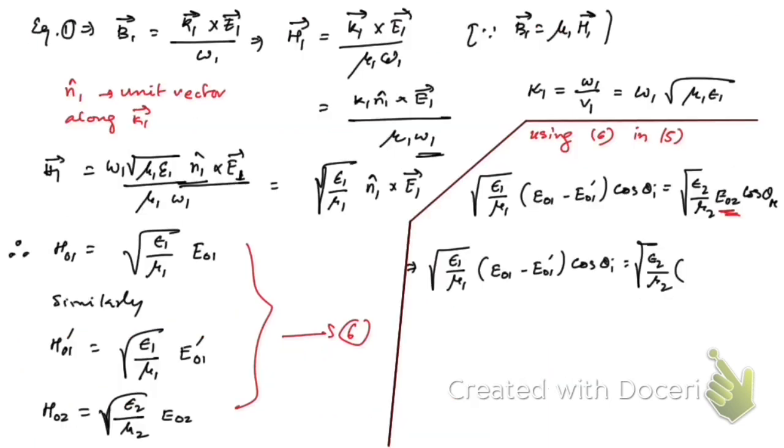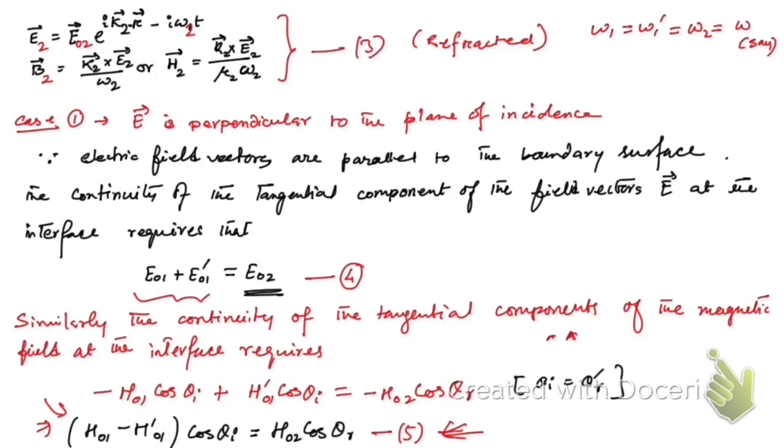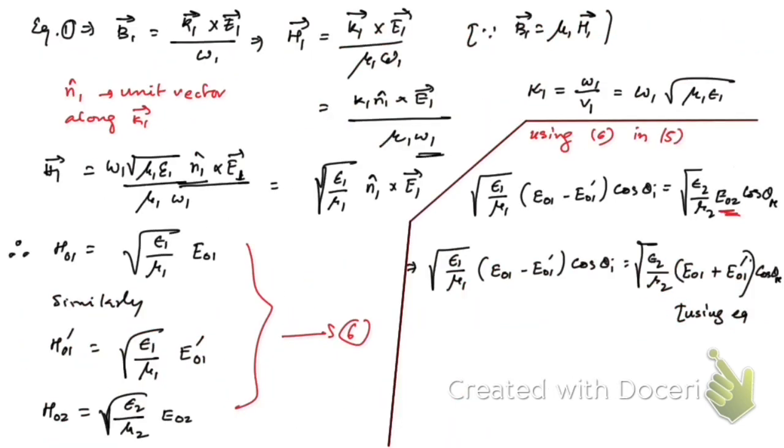Within the bracket we're going to write this, which is obtained from equation number 1. Then cos theta r, that's what we have got. Here we're going to write using equation number 4. So we have used equation number 4 here.